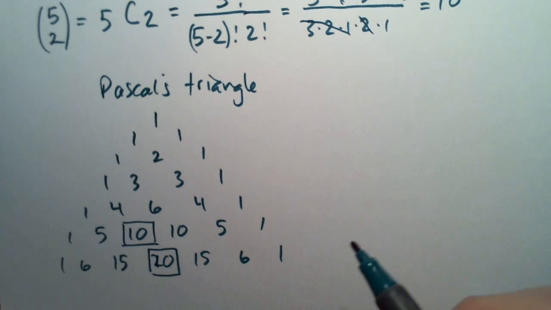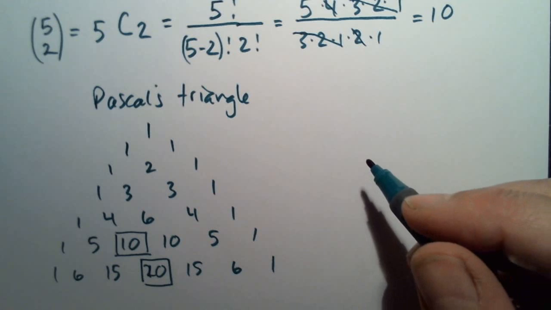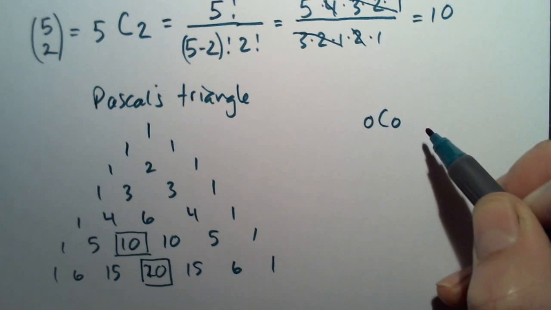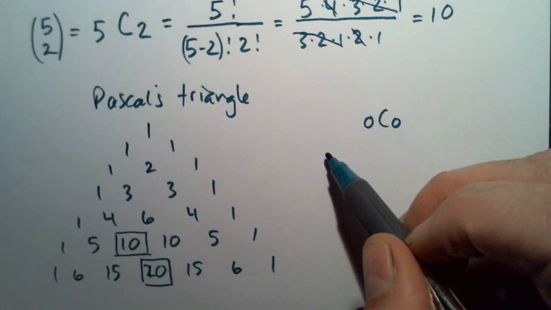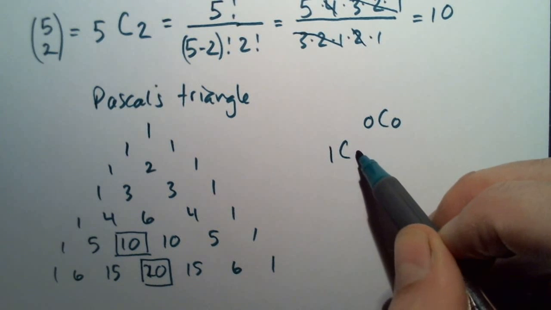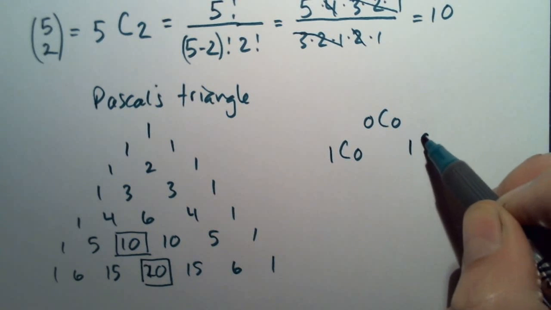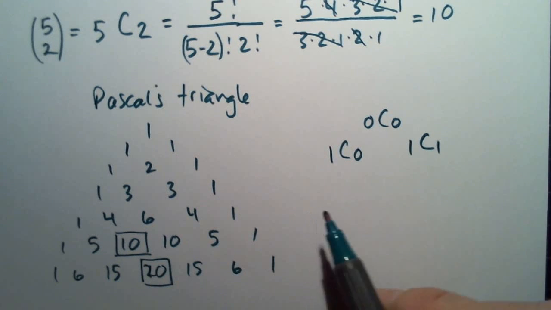That's 6 choose 3. We could also represent Pascal's triangle like this. 0 choose 0 is 1. 1 choose 0 is 1. And 1 choose 1 is 1.